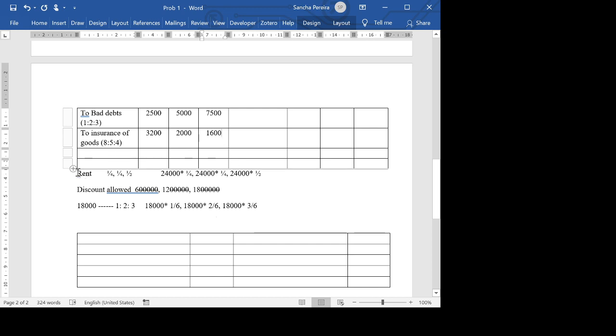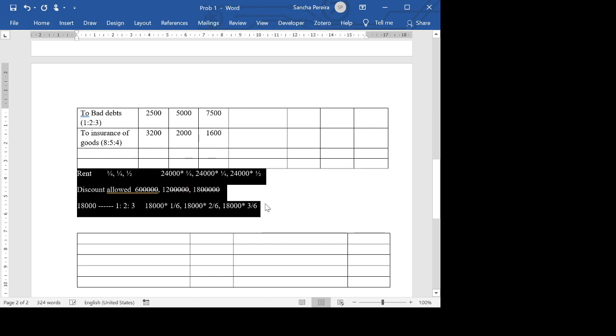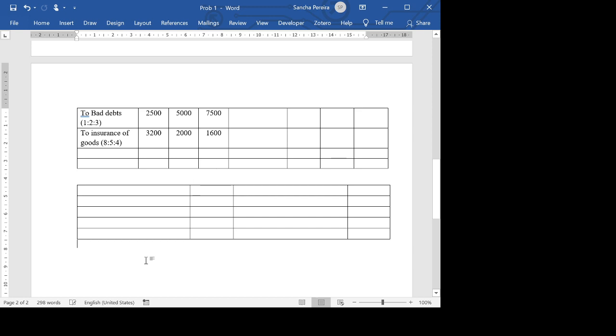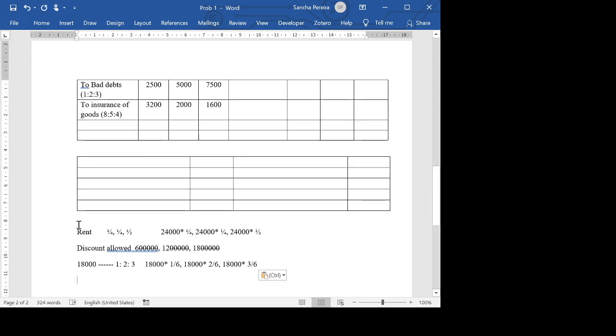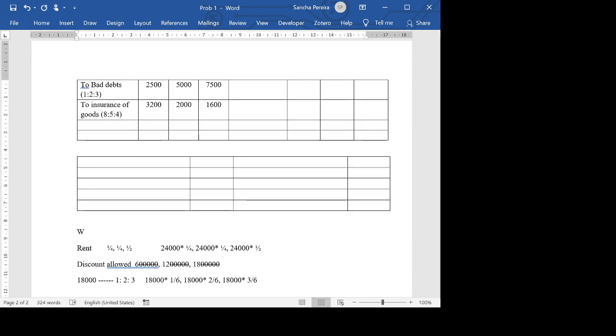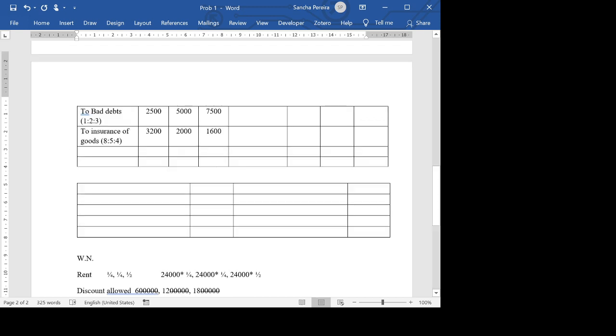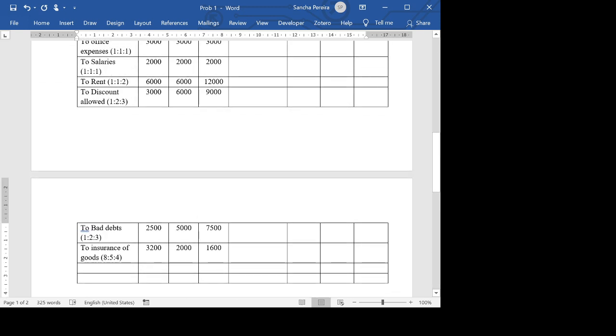Okay, just transfer these working notes down. These are the working notes. So this is what we have to do in the departmental profit and loss account.